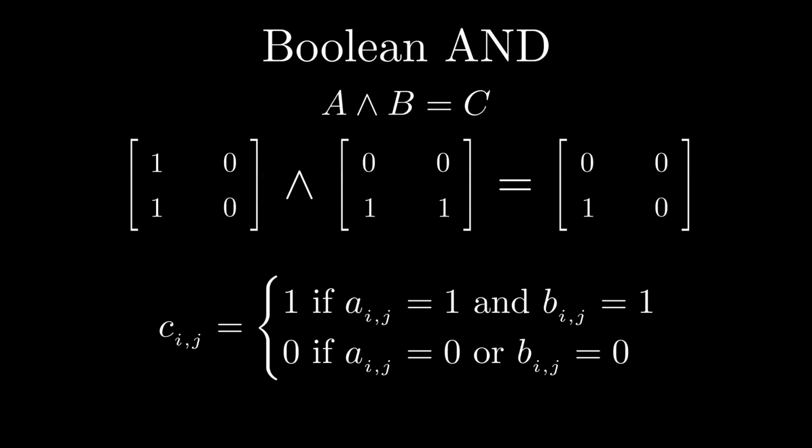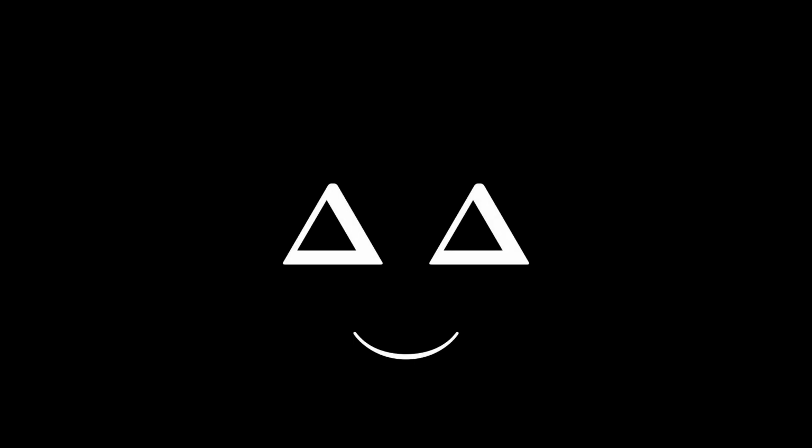Otherwise, C at ij is equal to 0. Both of these operations only work if A and B are the same size, and you should pay special attention to how the OR operation has strong similarities to the union operation in sets, and how the AND operation has very similar properties to the intersect in sets.